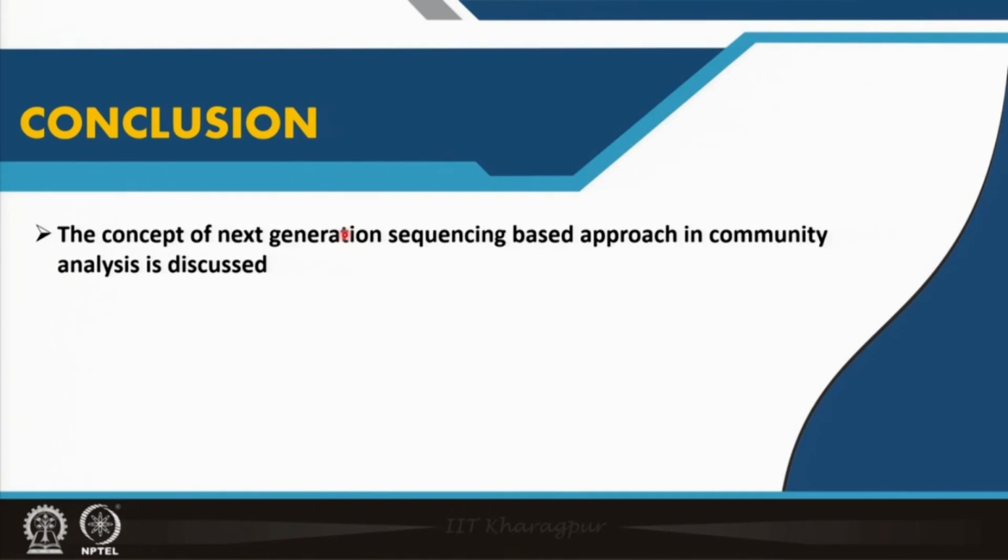Although we talked about different aspects of the common cultivation-independent process, including the clone library based approach, clone library was just one of the methods to address identification and characterization of all the different phylotypes or species present in the environment. And what we have learned is that the next generation sequencing based approach is one of the best methods in almost all senses.